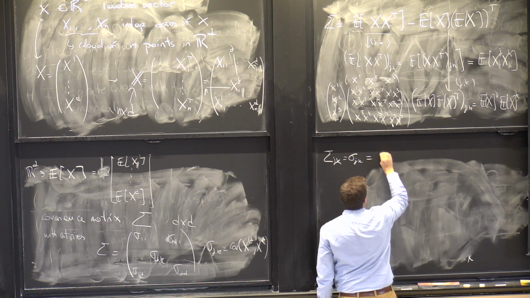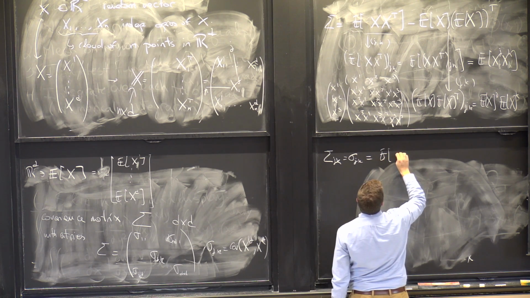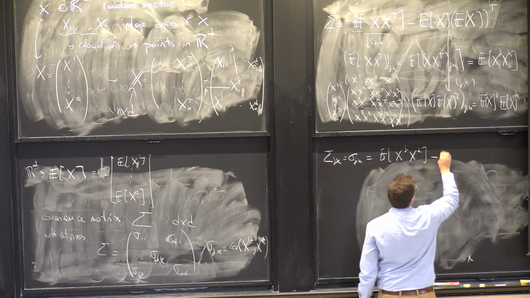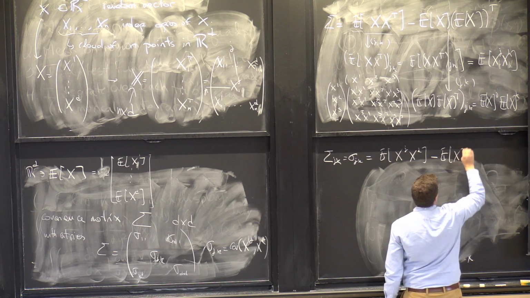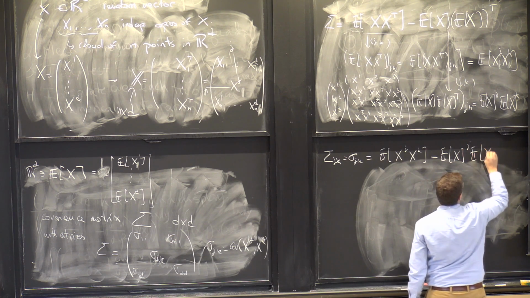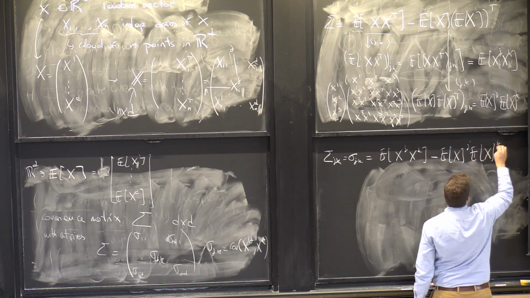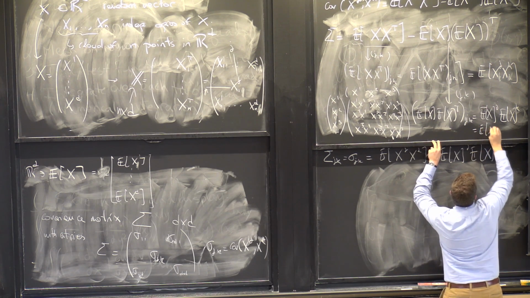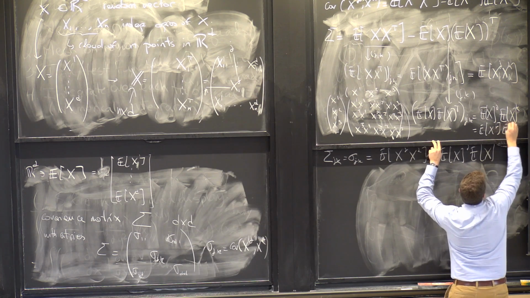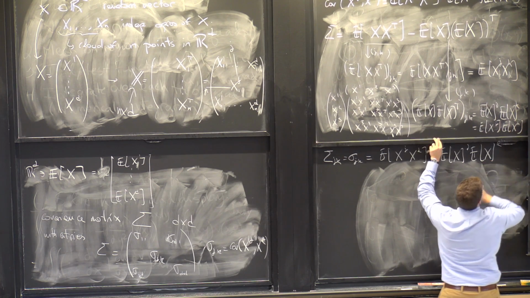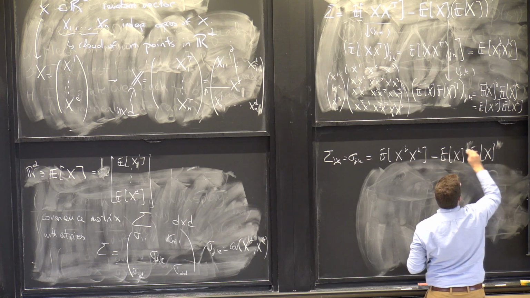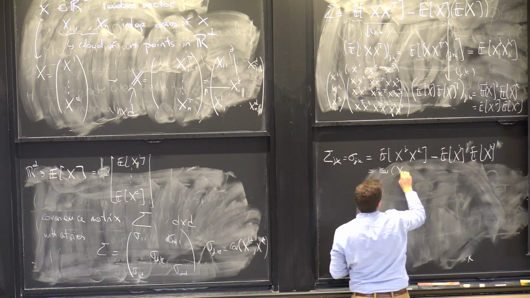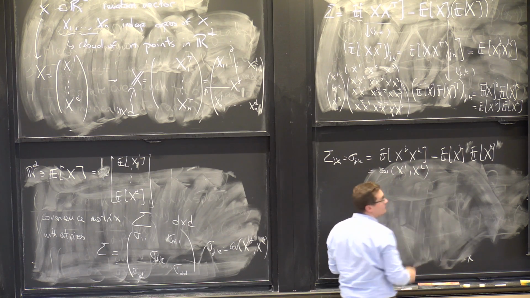The first term is the expectation of xj xk minus the expectation of xj times the expectation of xk, which, oh, by the way, I forgot to say, this is actually equal to the expectation of xj times the expectation of xk, because that's just the definition of the expectation of a random vector. So my j and my k are now inside. And that's, by definition, the covariance between xj and xk. OK?